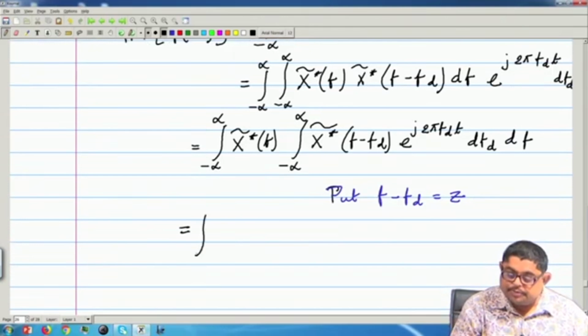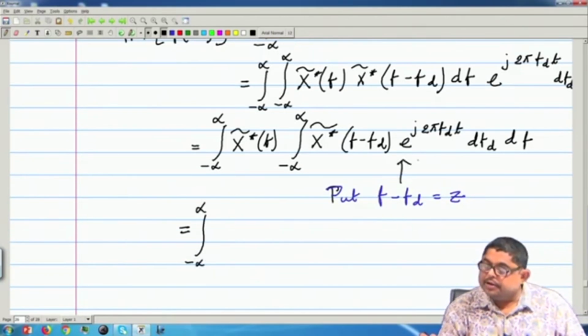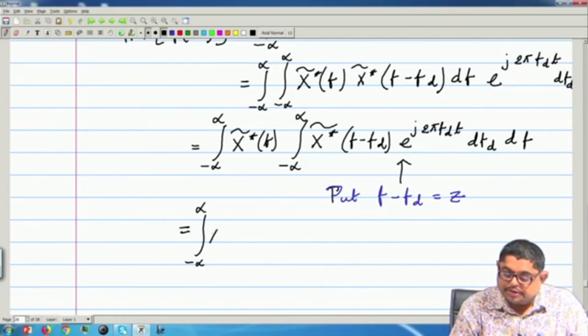If you do that, you will get something like this. In the second integral, put here, do not put it here unnecessarily.